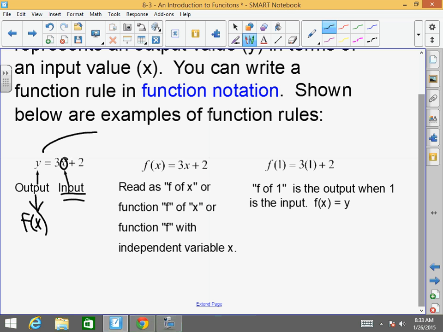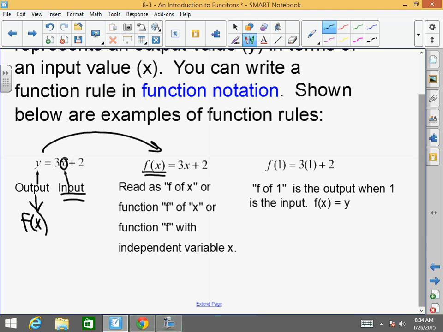So I could write this in function notation as f of x equals 3x plus 2. You read this as f of x or function f of x or function f with independent variable x. I need you to understand this.